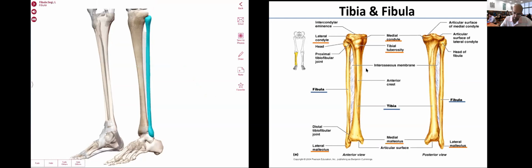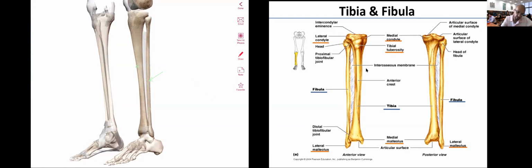Why would I have a fibula on here? The main function of the fibula is to create a surface area for muscle attachment.